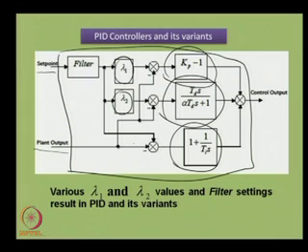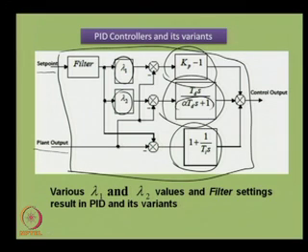Now, why do we have the PID controller in this typical form? The main reason is that there are some important effects generated by a PID controller. Those are derivative kick and integral wind up. Those two actions are not desirable in real time systems. Therefore, we have a derivative filter along with the derivative controller.